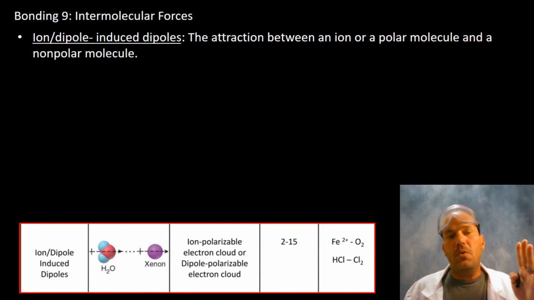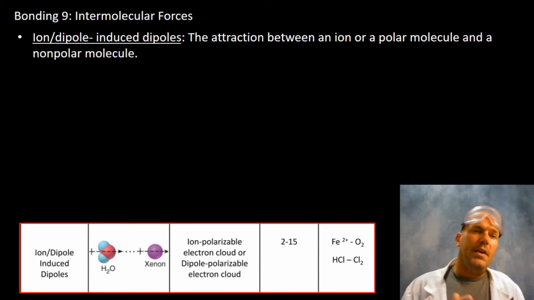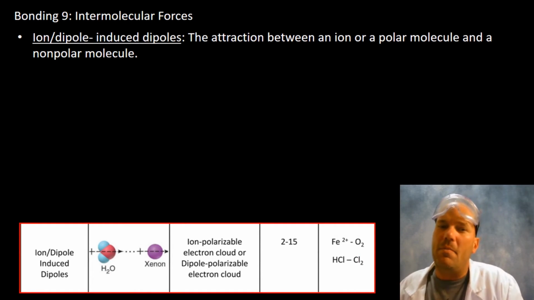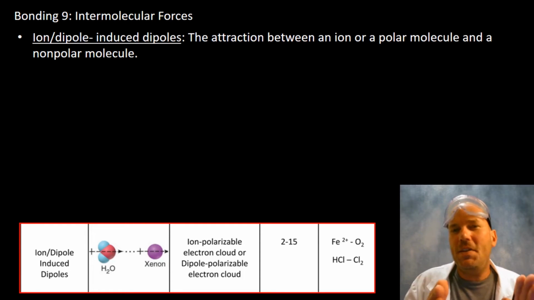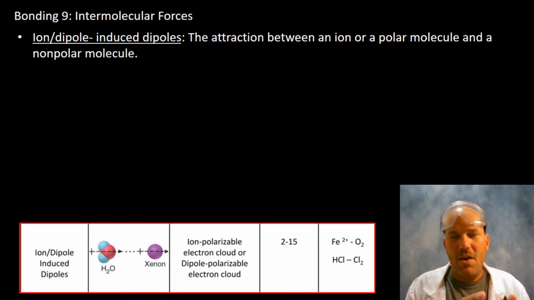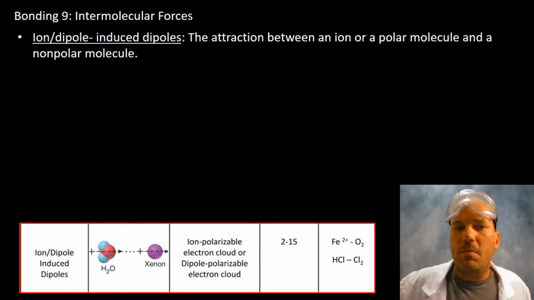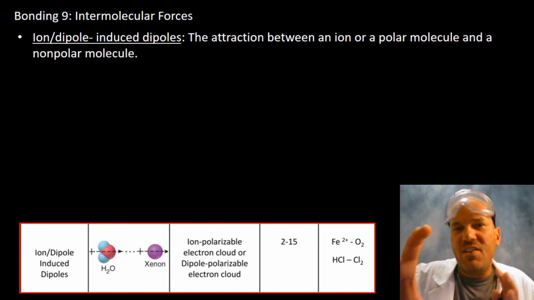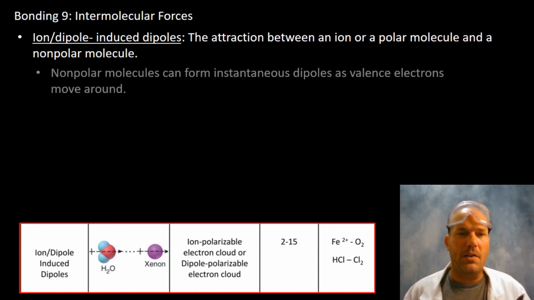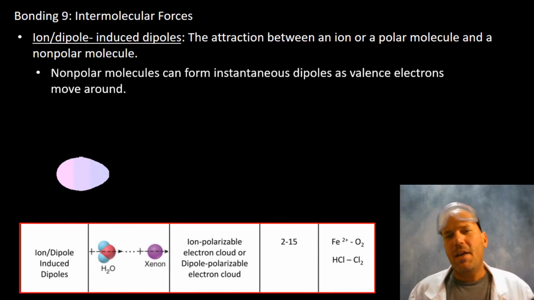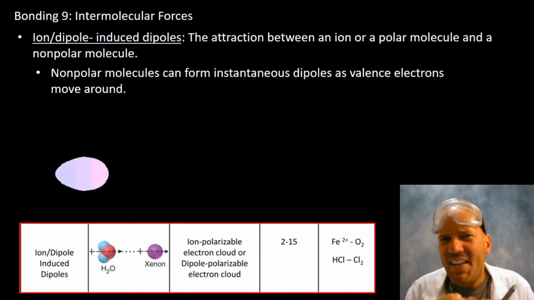Okay, so the next example is an ion or dipole induced dipole. Okay, so this is the attraction between an ion or a polar molecule and a non-polar molecule, and they are inducing dipoles. All right, so non-polar molecules can form dipoles. They're instantaneous dipoles.